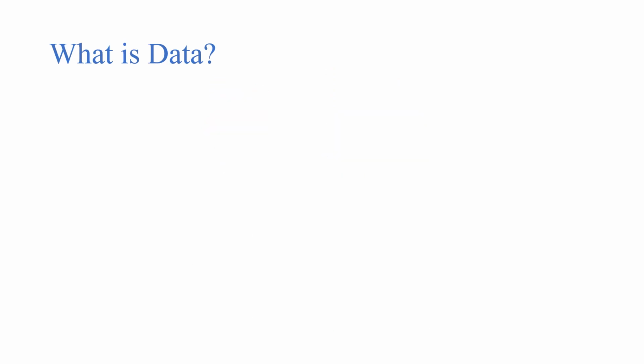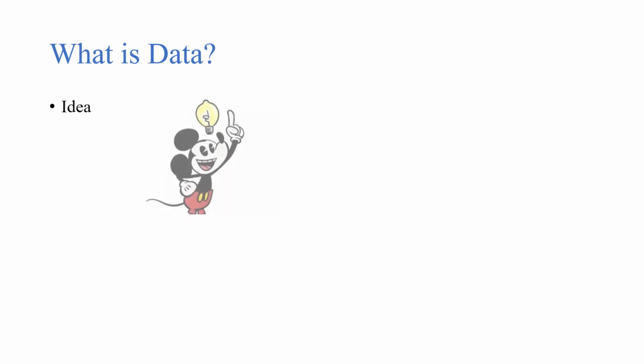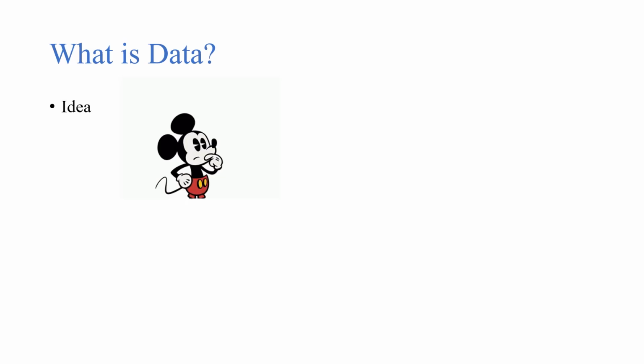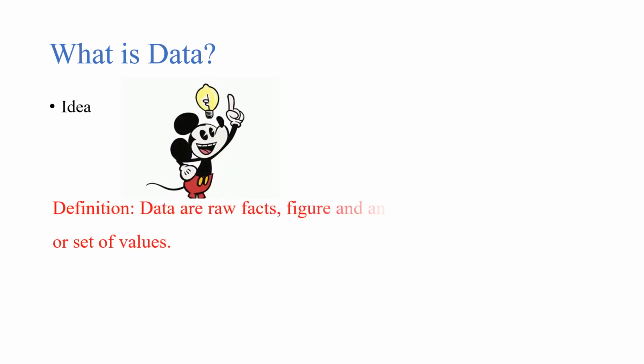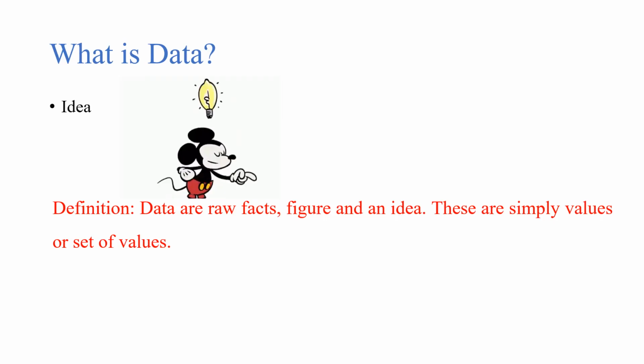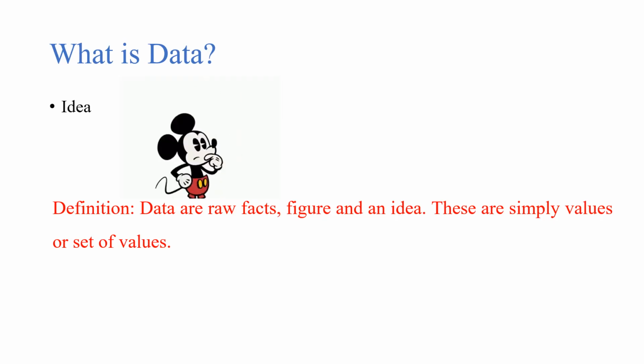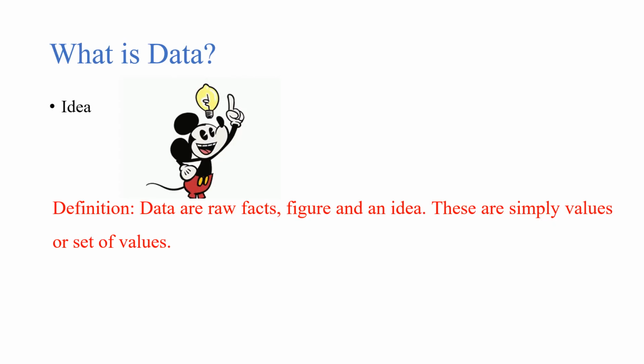Data may represent an idea, such as a graphical or image representation of a cartoon that I have in my mind. So, the definition of data is: data are raw facts, figures and ideas.